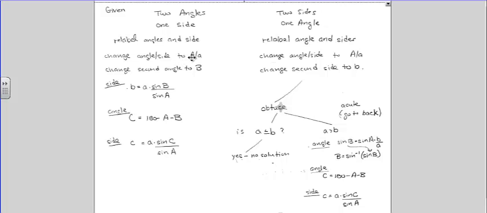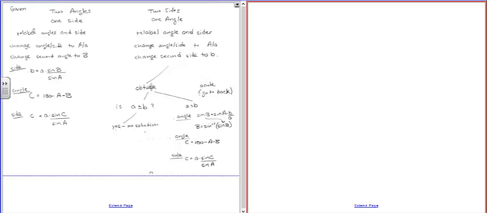So if you are given a side length and a corresponding opposite angle, relabel those both small a for the side and a capital A for the angle. And then the second angle that's given, call that angle B. Then we'll find side B, then angle C, and then side C, in that order. So I'm going to add a page and give you an example of that scenario.